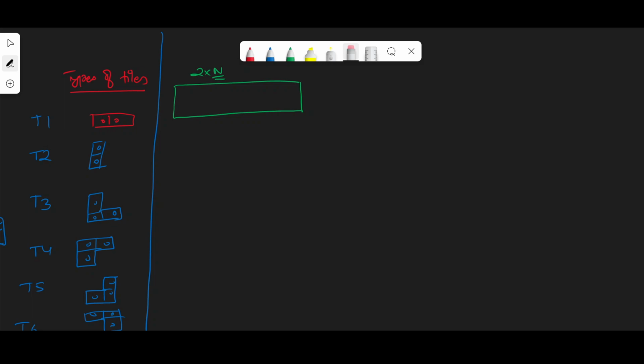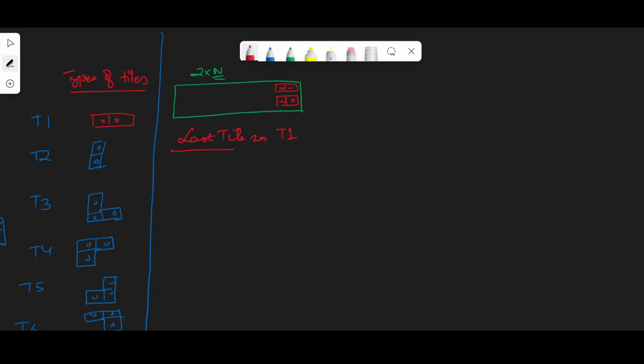Let's talk about the last tile. If the last tile is, let's say, T1, what does that mean? That means you either have this here or you have this here, right?